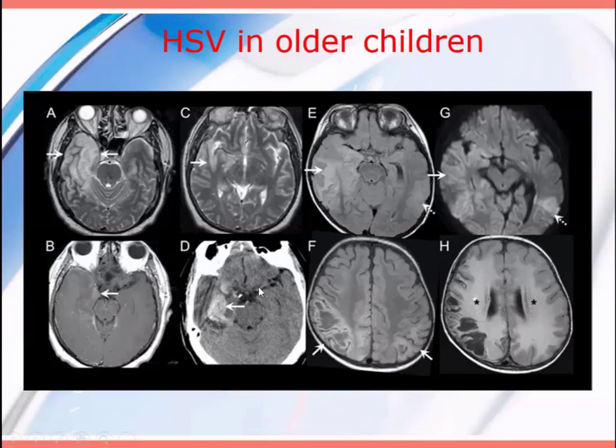Whenever you doubt that this is herpes, you have to suggest to the clinician that this may be a herpes simplex virus infection, because the treatment is very simple for them. They give Zovirax, and if the patient is left without treatment, the results may be devastating.